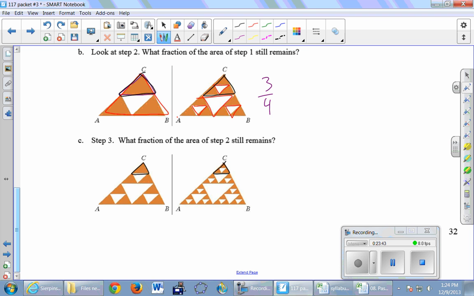What fraction of the area is still there in the new one compared to the old one? It's still 3/4, and it's 3/4 everywhere. So, for example, you could have drawn this triangle and this one down here, and it's 3/4. Everything becomes 3/4. So what fraction of the area still remains? It's 3/4.